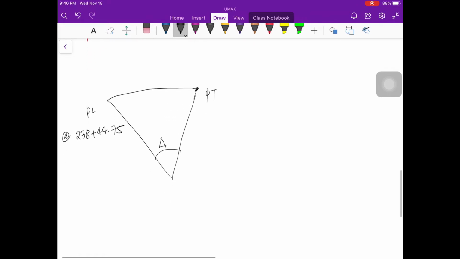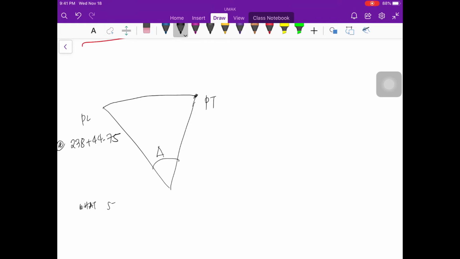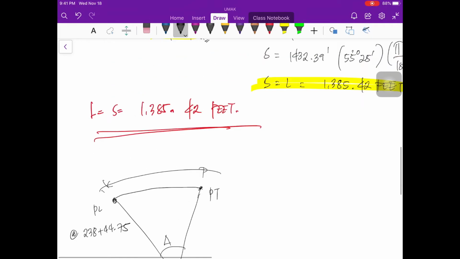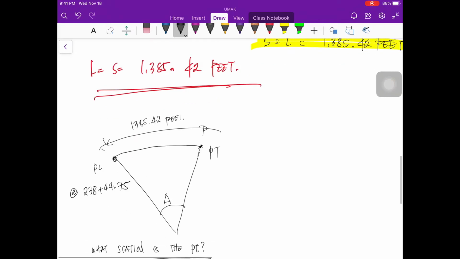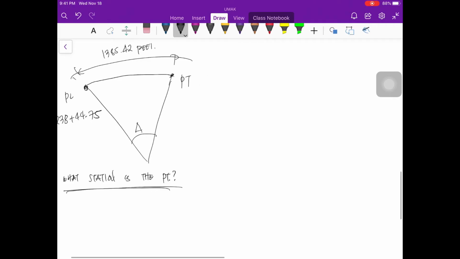So actually, that's the station at PT. All you have to do is just start from here and add the length of the curve, which is 1385.42 feet. But unfortunately, you need to check this one.